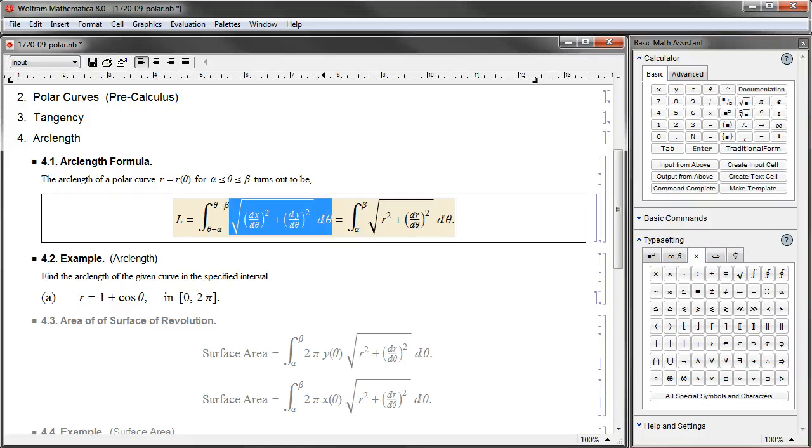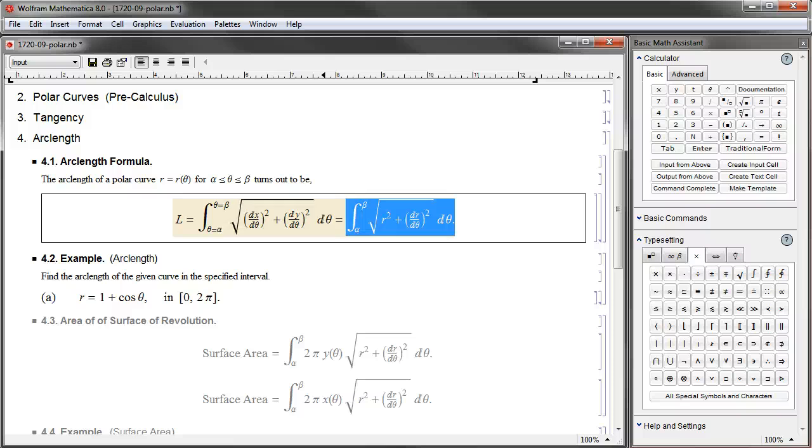This part is the ds computation. The only thing that changed from the parametric curve case was that we have theta instead of t. But in this particular case, the latter formula is a little bit more useful because it's simpler. And consequently, the derivation of it is also important, so let's talk about it.